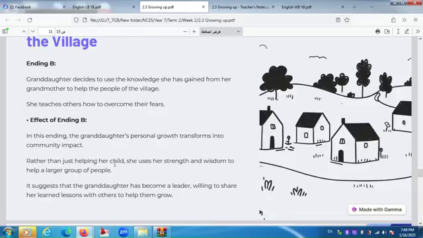Rather than just helping her child, she will use the strength and wisdom to help a larger group of people. Can she do this? It suggests that the granddaughter has become a leader, willing to share her learned lessons with others to help them grow. I don't think she will become a leader because the story didn't talk about many characters. It talks only about the granddaughter and the grandmother.